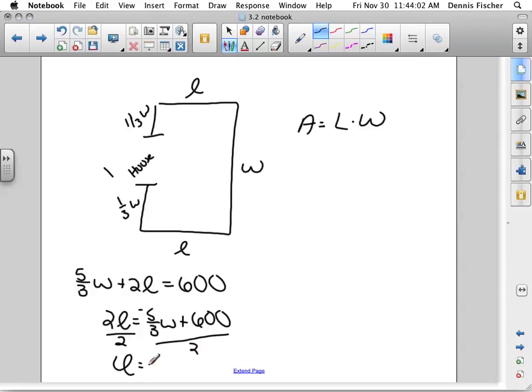L is equal to negative 5/6 W plus 300. It probably might have been easier to get W by itself, but I don't know. Now, area, that's my L, so I've got negative 5/6 W plus 300 times W.